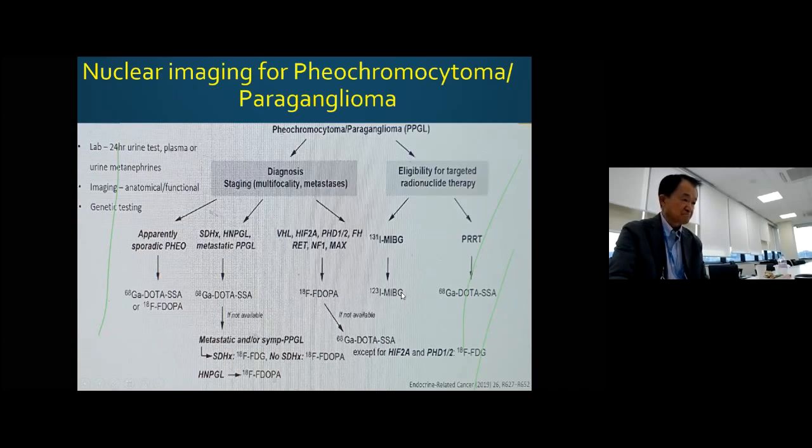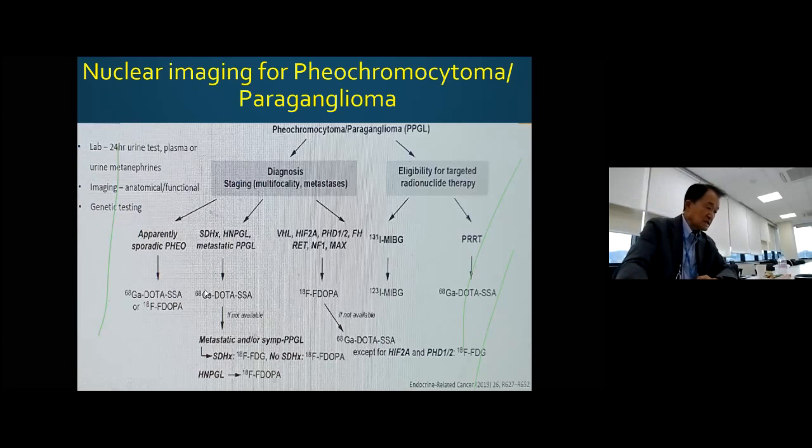But for considering radionuclide targeted therapy, you have basically a choice of either MIBG or a peptide. So usually dotatate using lutetium-177.